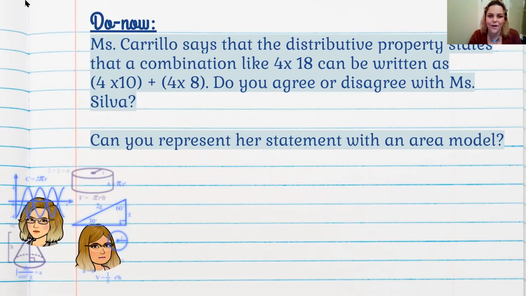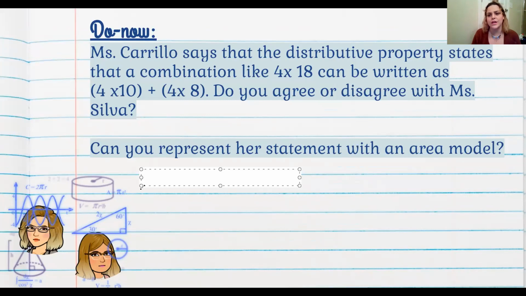All right, you're back. So I am going to annotate. I'm going to write on the screen. So I'm going to start with maybe our statement, right? So do I agree or do I disagree with Ms. Carrillo?